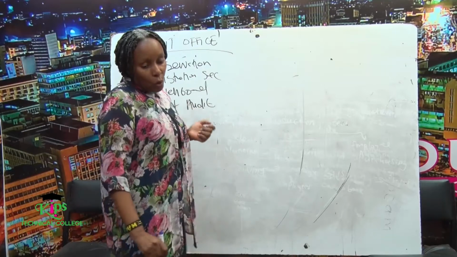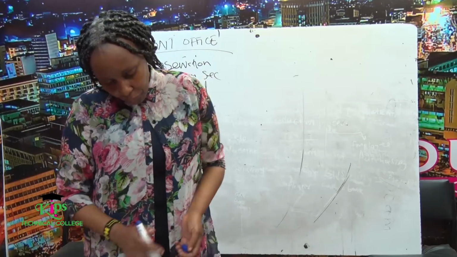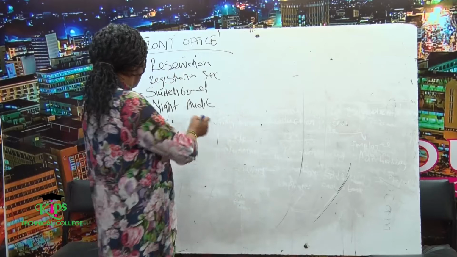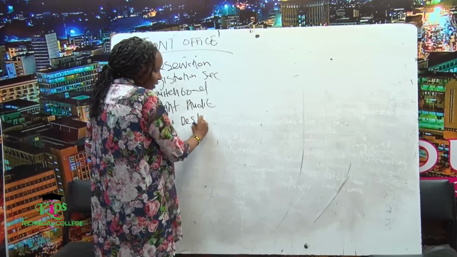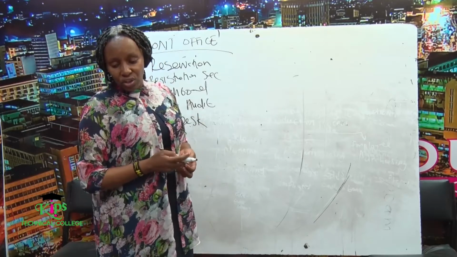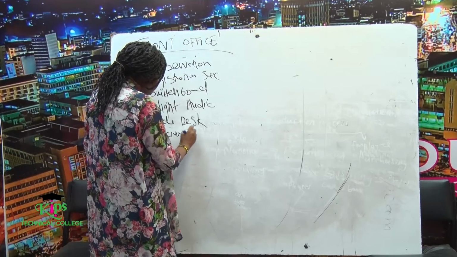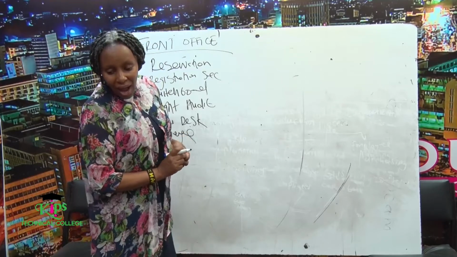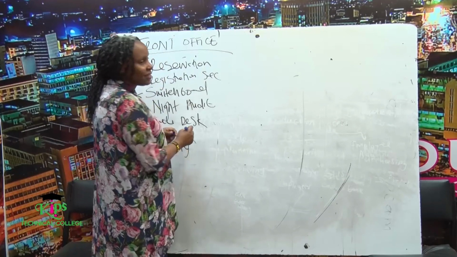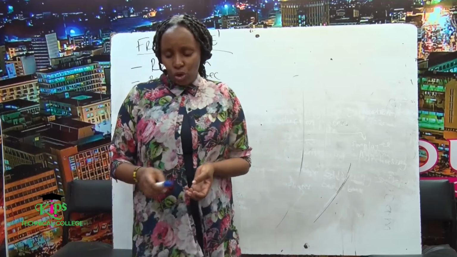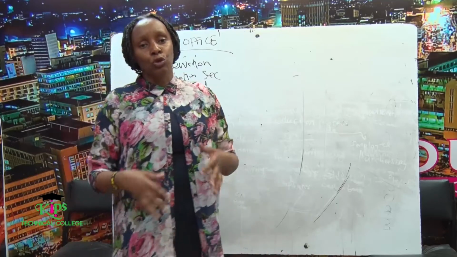Then we also have other sections like the travel desk, the concierge, and the cashiering. These are some of the subsections or small sections that you would find in a front office.